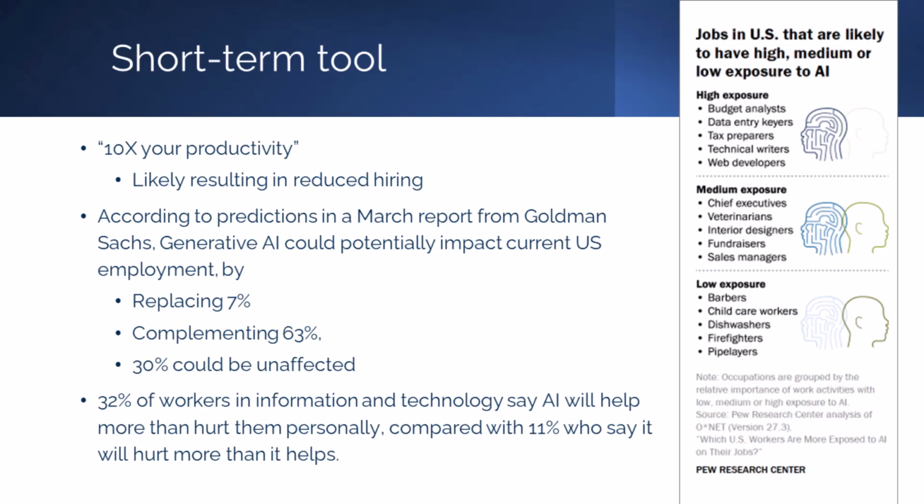The chart on the right talks about the levels of exposure and how language impacts a job. Better view of that in a future slide. But 32% of workers in information technology say that AI will help more than hurt them personally, and only 11% say it will hurt them more than it helps. And obviously that depends on exactly what they're doing.